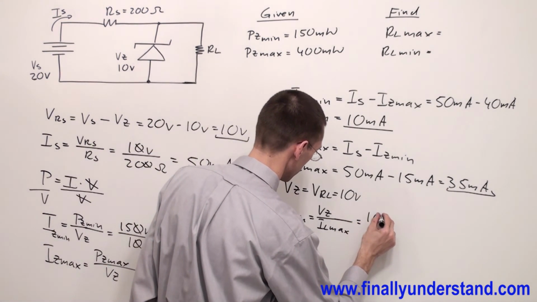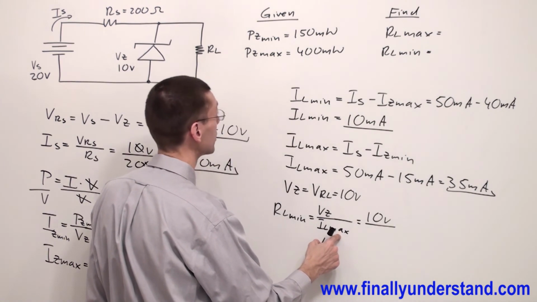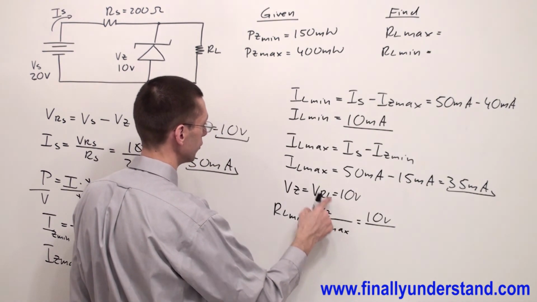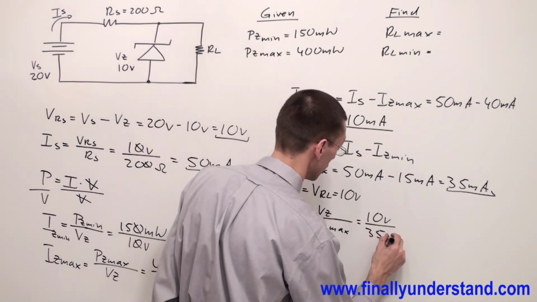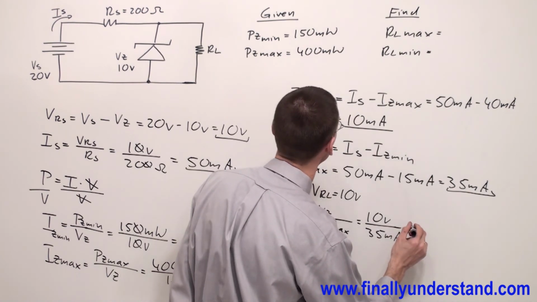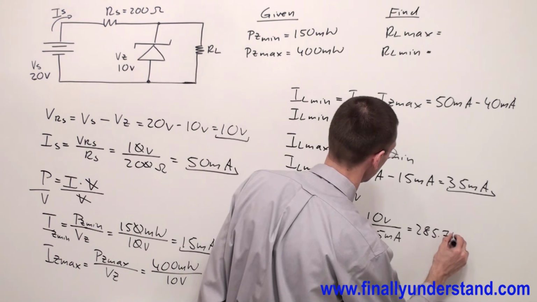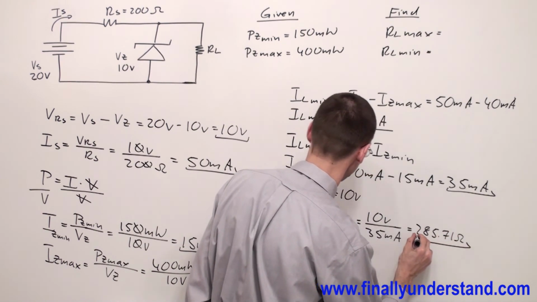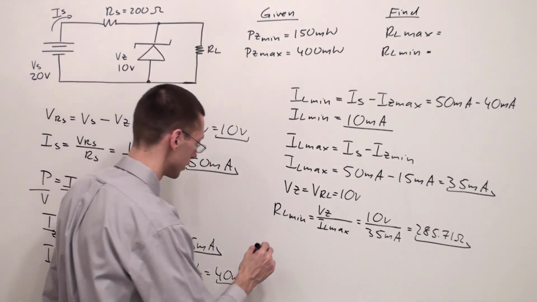This is equal to 10 volts over IL max, and IL max we found is equal to 35 milliamps. This is equal to 285.71 ohms. This is the minimum value of this resistor.